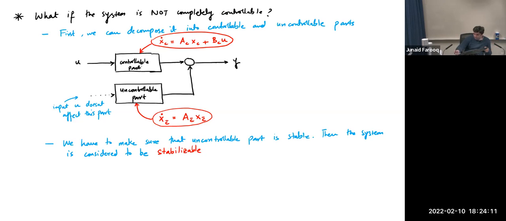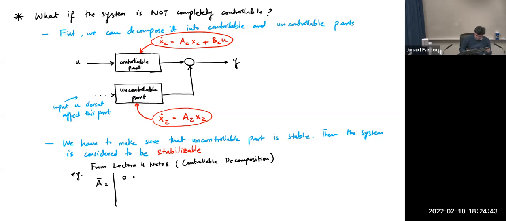Okay, so for example, I will take the previous example, from the previous lecture. There was a controllable decomposition. You can always go back and see that example. So if you take that example here, you will see that the A bar was actually 0, -2, 1, -3, 1, 0, 0, 0 here.